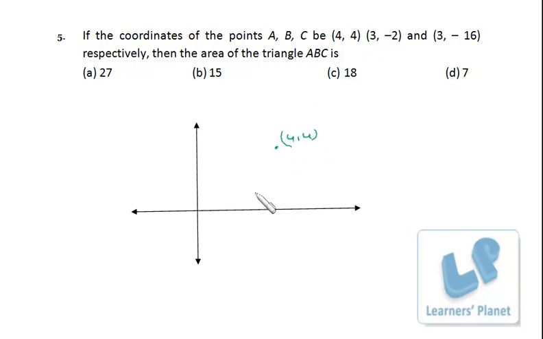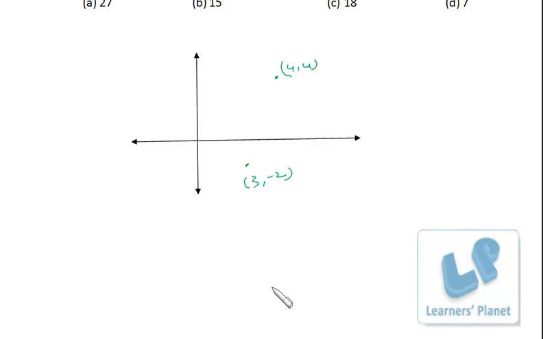Then we have 3 and minus 2, so 3 somewhere here, and this is minus 2. Then we have 3 and minus 16, maybe somewhere here. That is 3 and minus 16. So our triangle will be something like this.